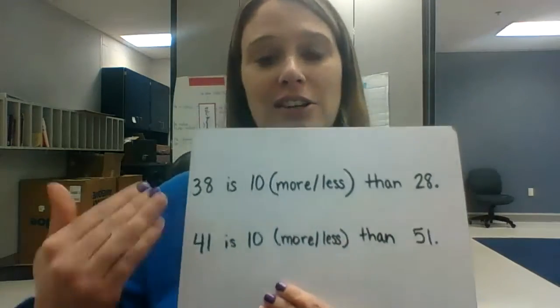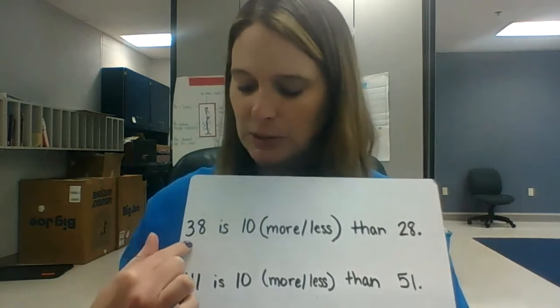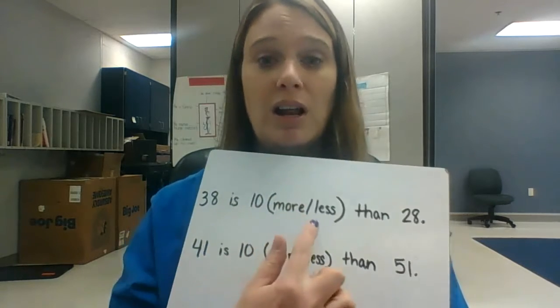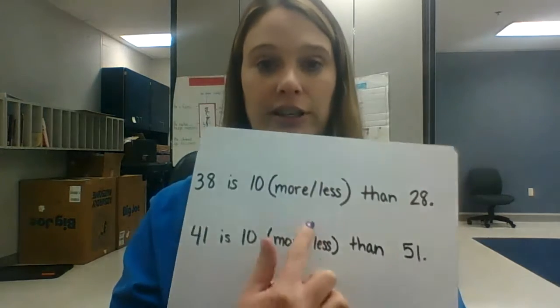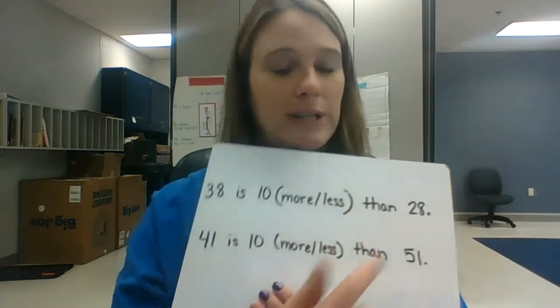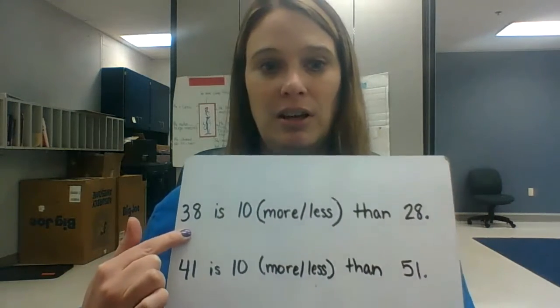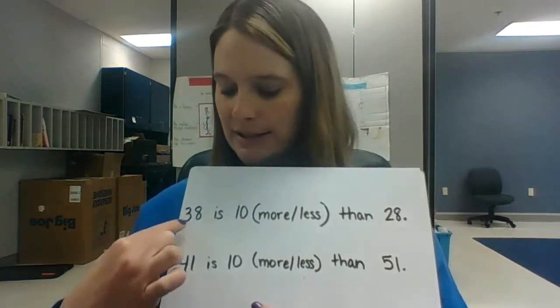All right, so let's take a look at the kind of work you're going to do on your warm-up. This one says 38 is, and then in parentheses, it has more or less. That's parentheses, that's what these little half circle things are called. Than 28. So it's kind of like when we compare numbers, which one is more and which one is less.